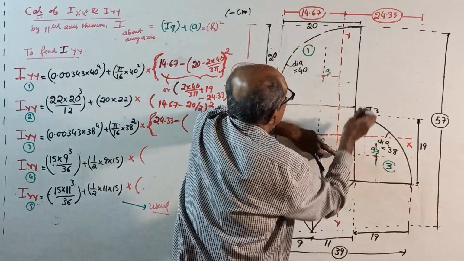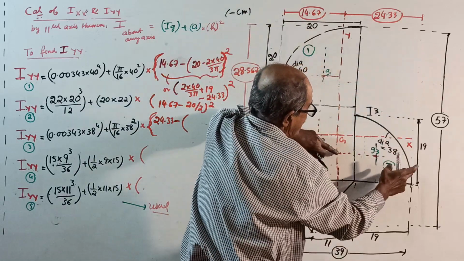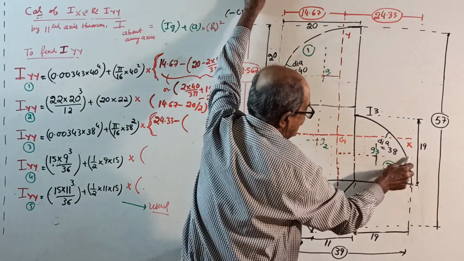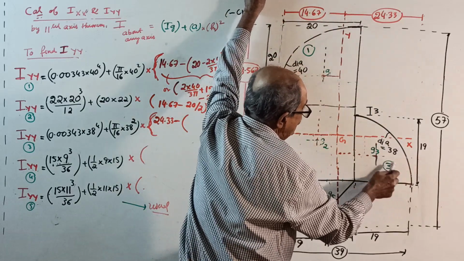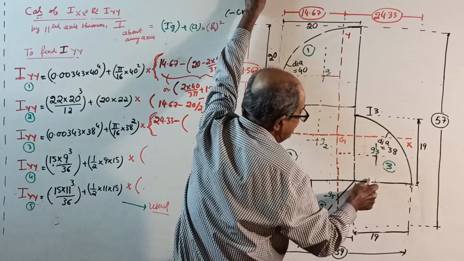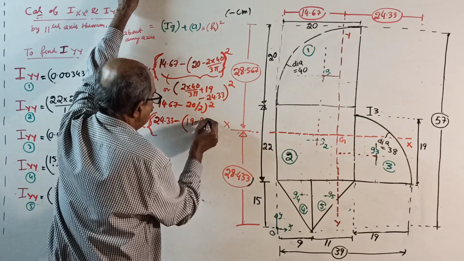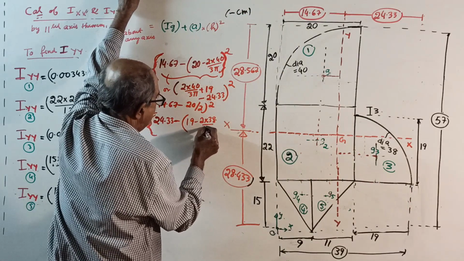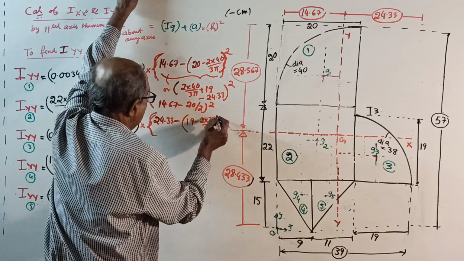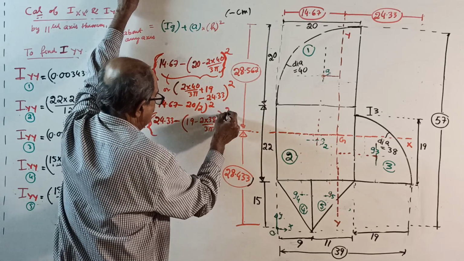That distance square is 24.33 minus this distance from here up to here. Here up to here is how much? 19 minus 2d by 3 pi. 19 minus 2 into 38 divided by 3 pi. Close the bracket. Everything finally square.